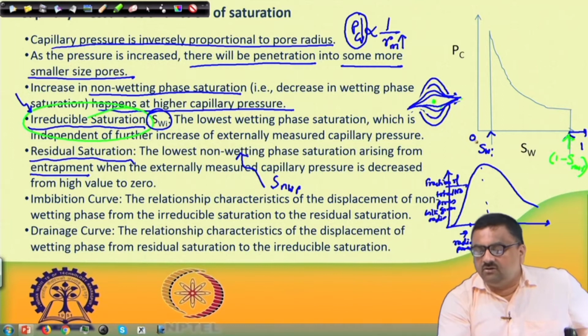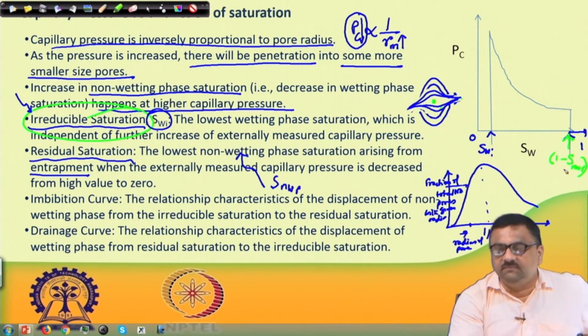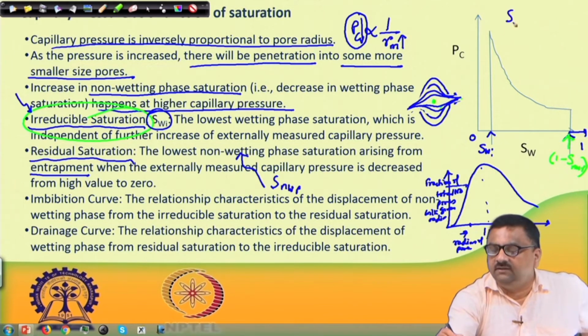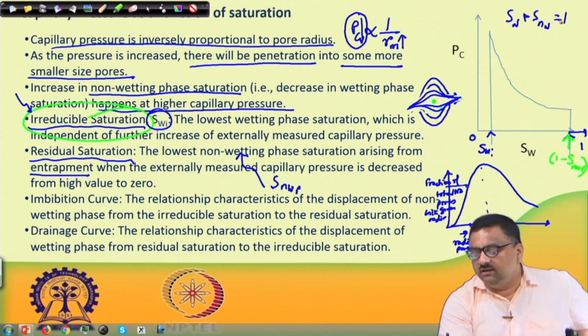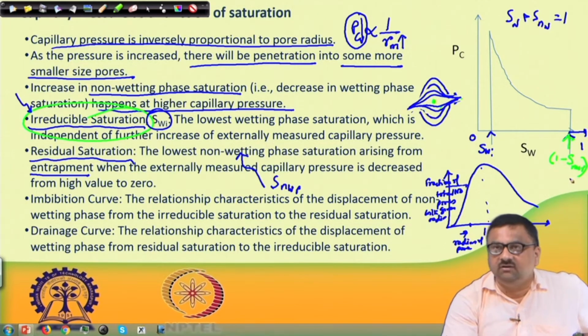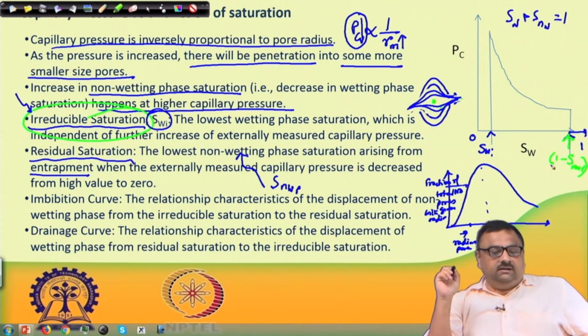Since we are drawing it on the SW scale, the limit for SW is 1 minus SNWR, because SW plus SNW has to be equal to 1. Since the axis is for SW, I have to write it as 1 minus SNWR.